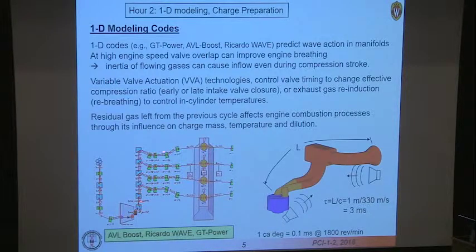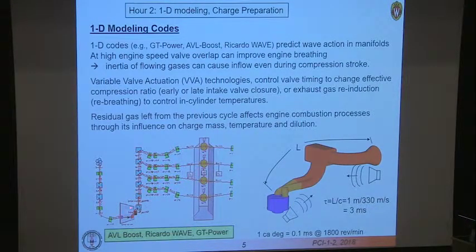For example, here's a Ricardo Wave layout for a 4-cylinder engine. Here's your intake manifold, each of these supplying one of the cylinders. Each of these little segments here corresponds to a section of pipe, which may have a length, a diameter. It might be a tapered pipe or a diverging pipe, may have bends. All of these things are specified by the user of the code.